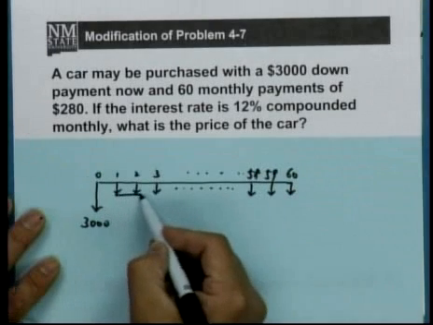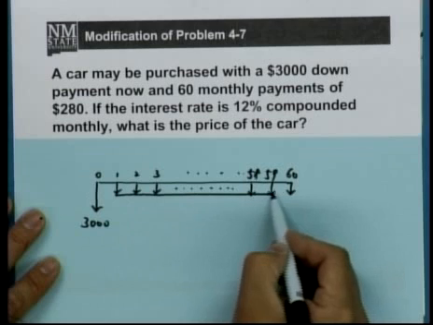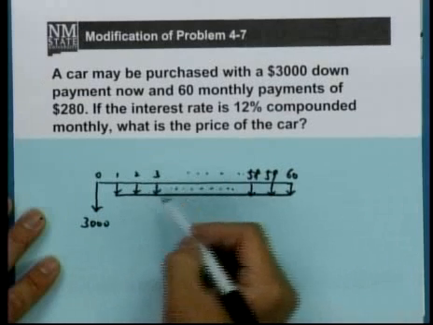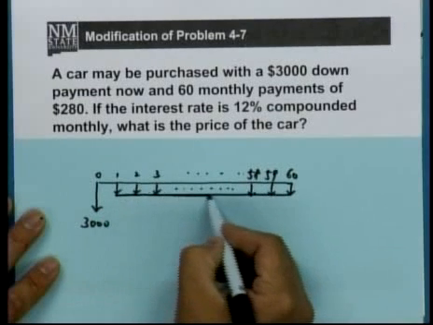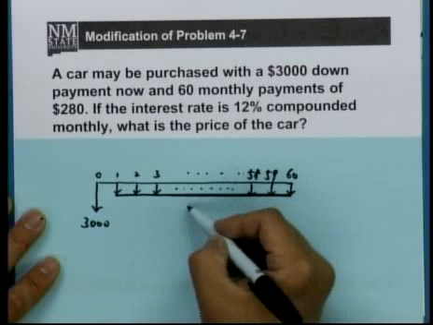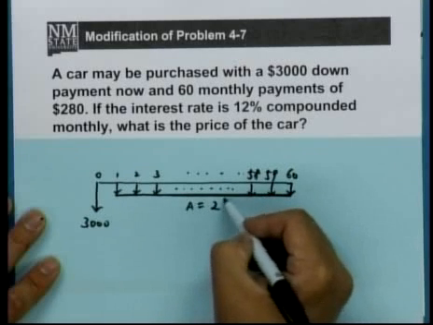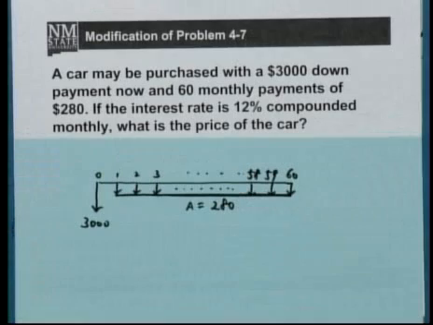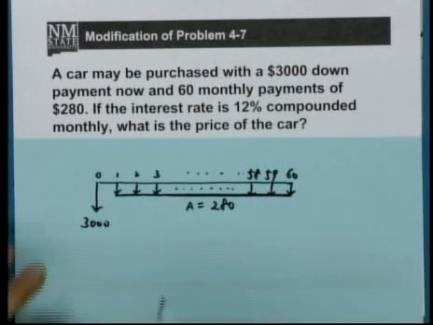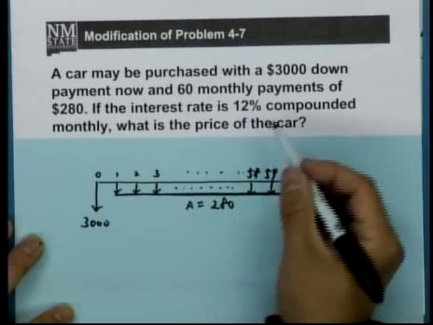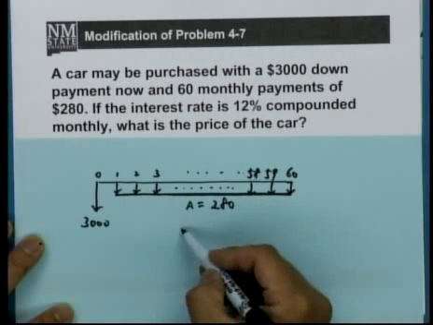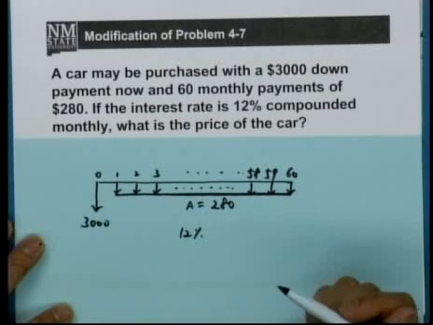And this monthly payment is equal to 280. Is that right? And it says 12% compounded monthly.